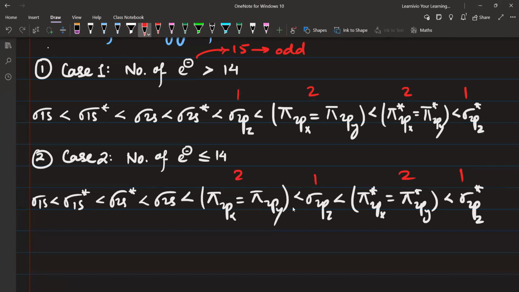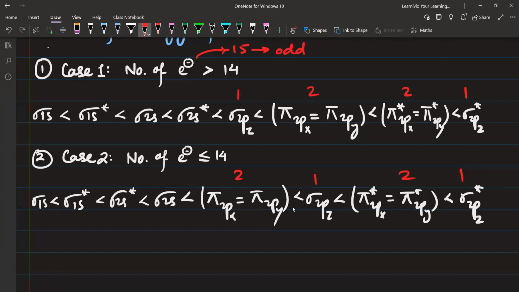केस 1 क्या होगा? 1 2 2 1. 1 2 आएगा पहले, पहले सिग्मा 2pz, and then you are going to have pi 2px and equal to pi 2py. This is the order. So filling of electrons will be done in sigma 1s first, उसका sigma 1s star, then it is going to be filled in sigma 2s. Right? How you are going to remember it? Case 1, number of electrons greater than 14, will be starting from 15. ठीक है, which is odd. So that is why it is case 1. In case 1, you will have 1 2 2 1 type of sequence.